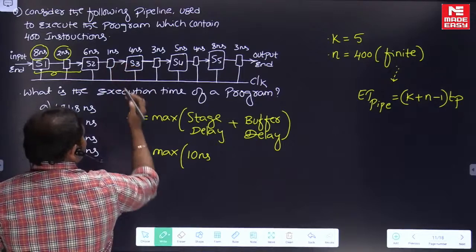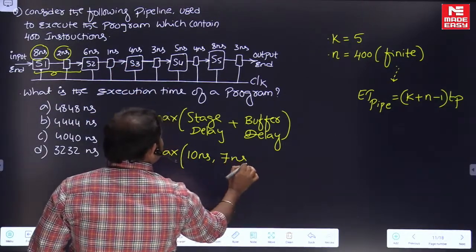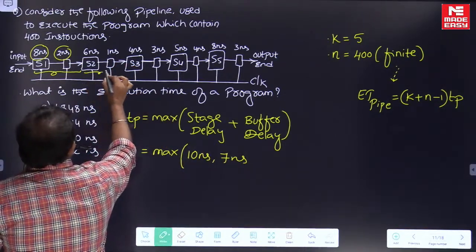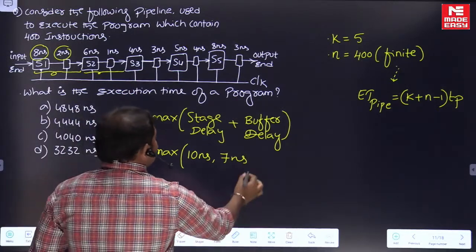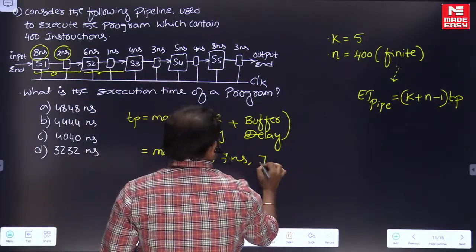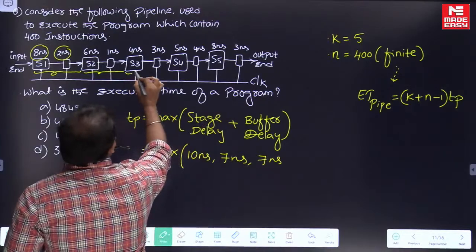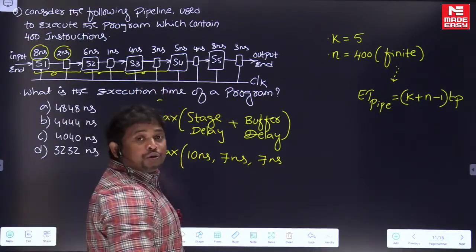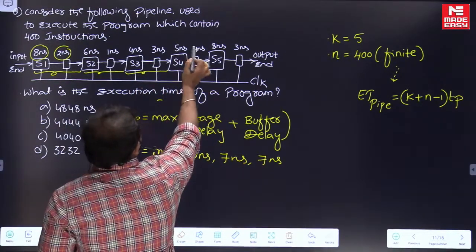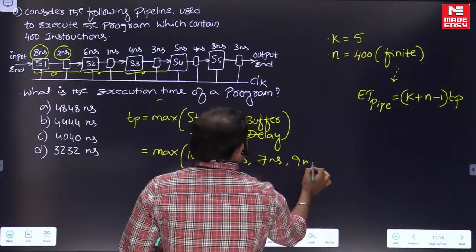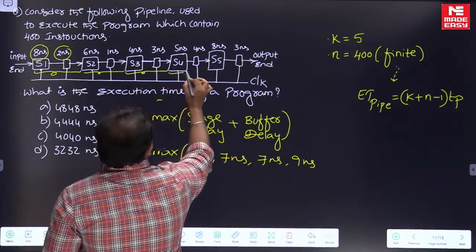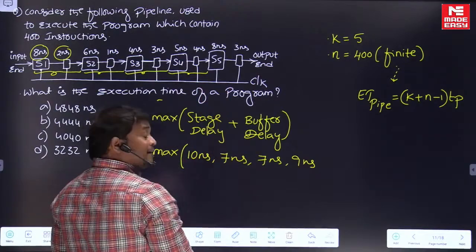Next, S2: 6 plus 1, 7 nanoseconds. After 7 nanoseconds, its output becomes input to S3. Next, 4 plus 3, 7 nanoseconds. After 7 nanoseconds, S3 output becomes input to S4. S4: 5 plus 4, 9 nanoseconds. After 9 nanoseconds, S4 output becomes input to S5.